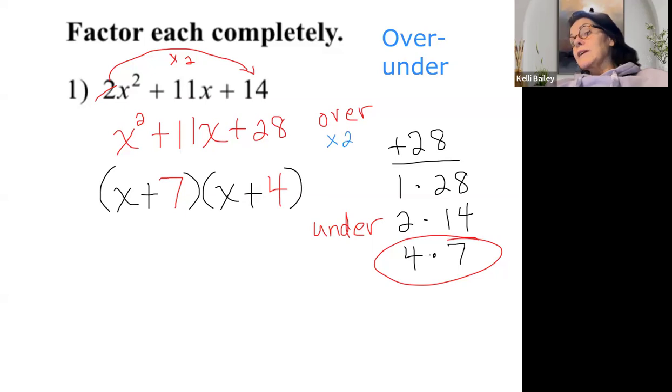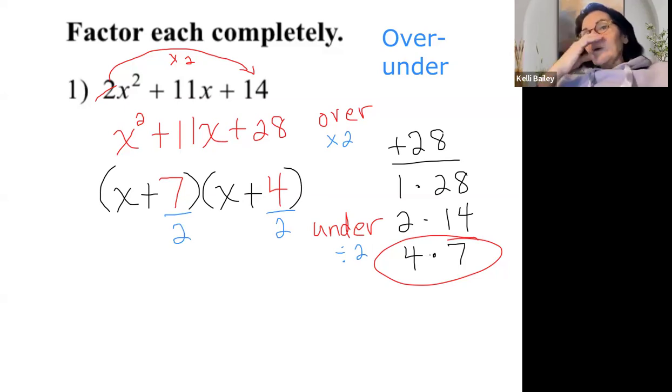My under part is going to undo times 2. So my under part means I'm dividing by 2. I'm going to put 2 under 4 and under 7. Okay. Now you have to clean up.